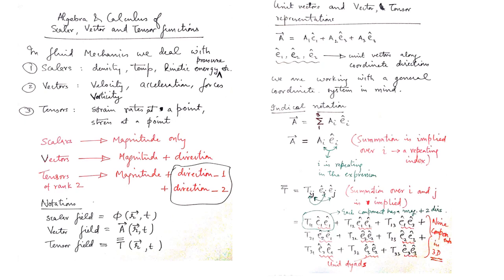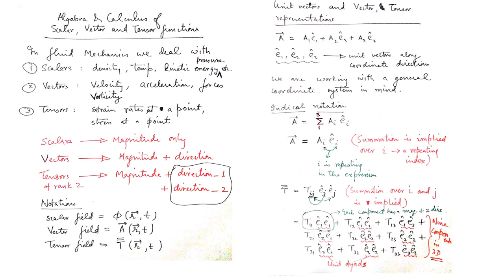It's simply a pair of unit vectors e_i cap e_j cap. Why a pair? Because you have to have information of two directions in this quantity, which is a tensor of rank 2. Now notice that there are repeating indices here. I've indicated by green arrows at the bottom that i is a repeating index and j is also a repeating index. Therefore summation is implied over both i and j.